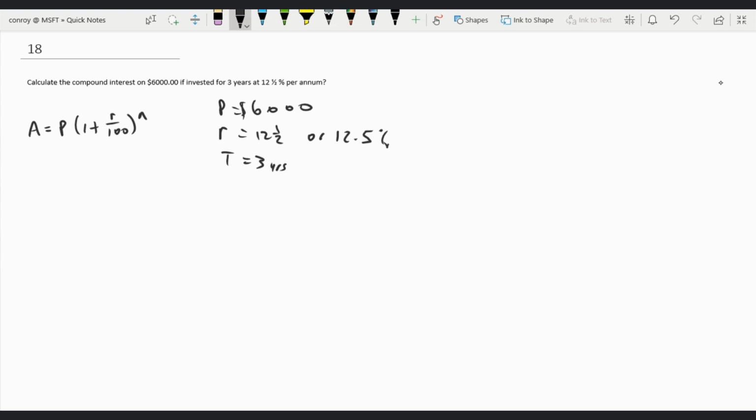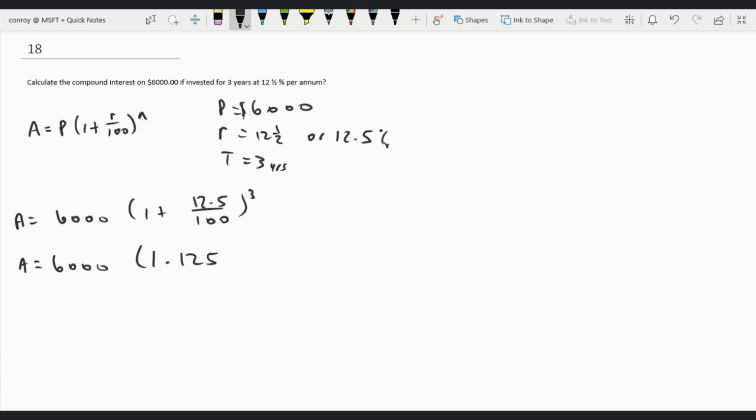All right, applying it now in our formula, A is equal to 6,000 times 1 plus 12.5 over 100, to the power of 3, the number of years. So A is equal to 6,000. The 1 plus 0.125 would give us 1.125.